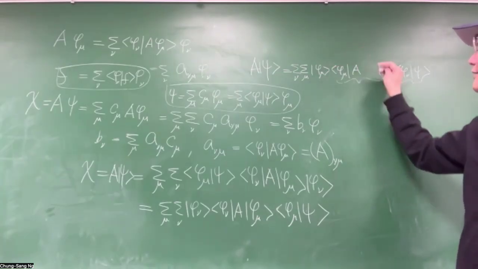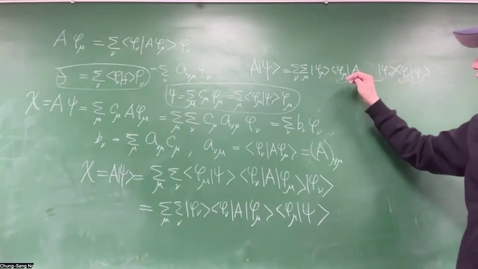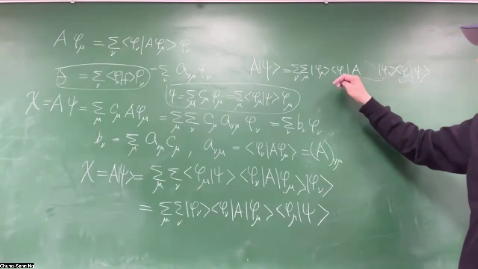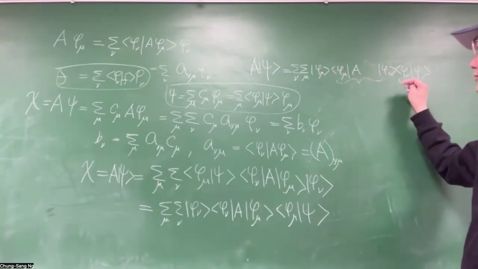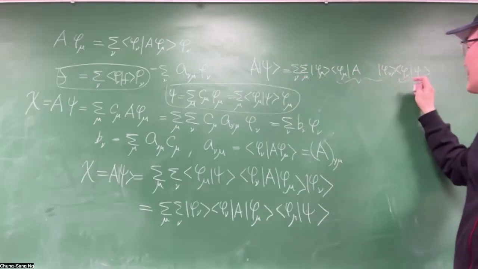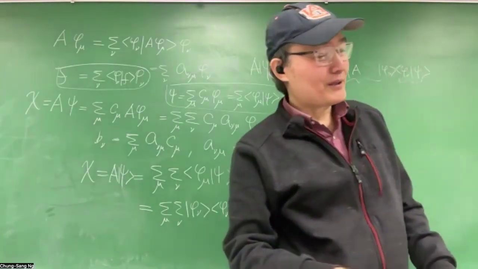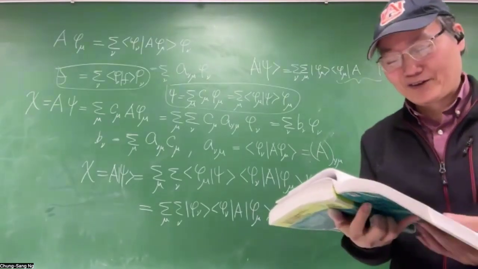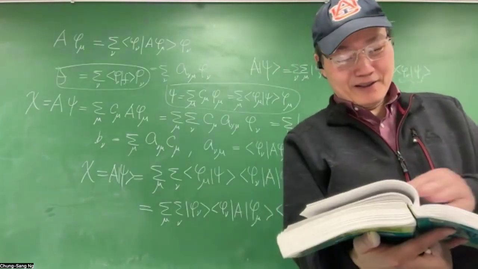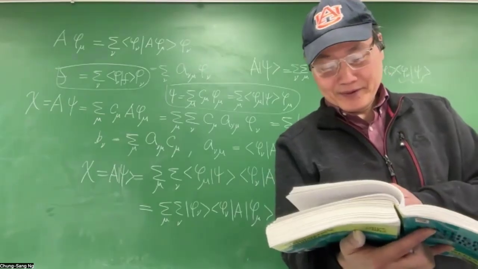This coefficient, the matrix element of A, is sandwiched between phi mu and phi nu this way, and this is the coefficient of the expansion of the psi function. Now you figure out all the coefficients this way. So it's slightly faster, and you may like to do that. Okay, so that's Dirac notation.